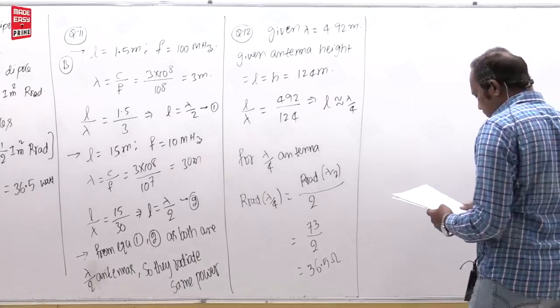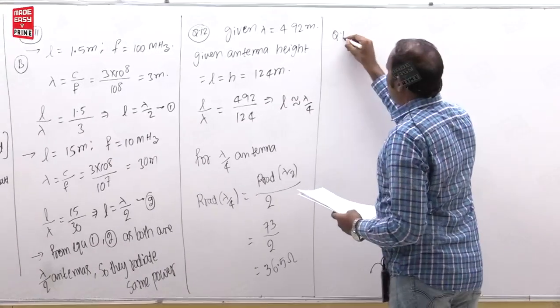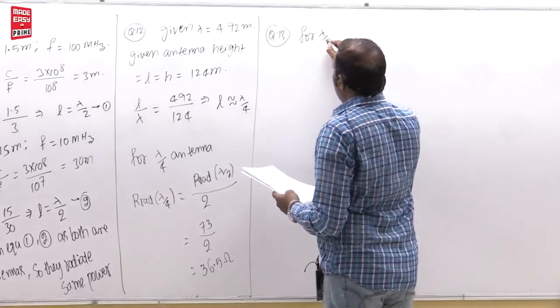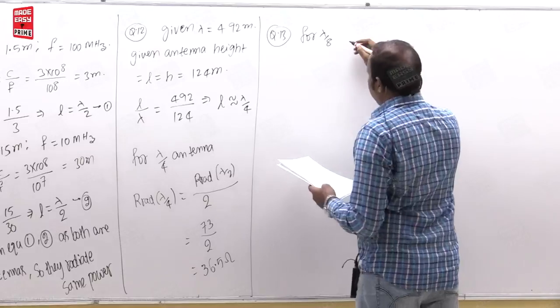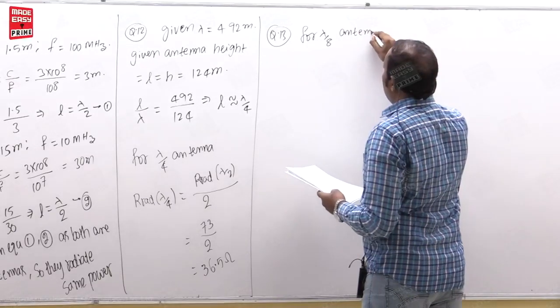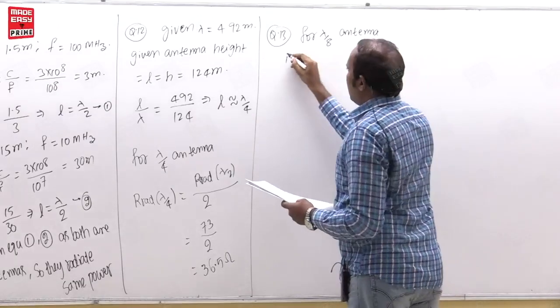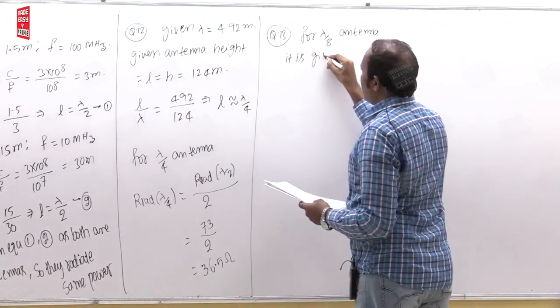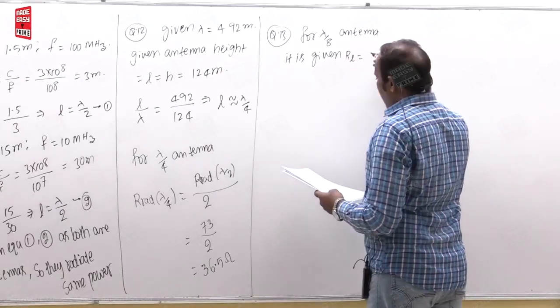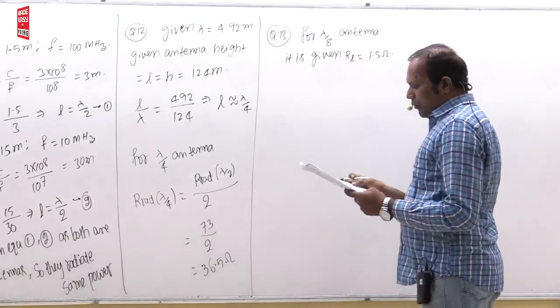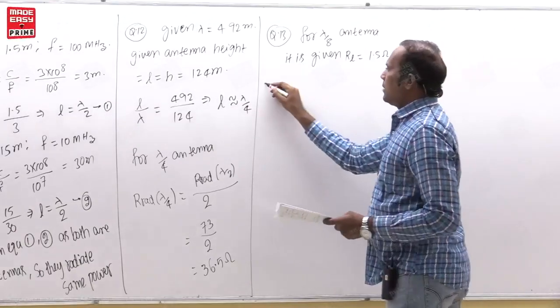Next, question number 13. For lambda by 8 antenna, it is given RL is equal to 1.5 ohm, student. Now we have to find the radiation efficiency.